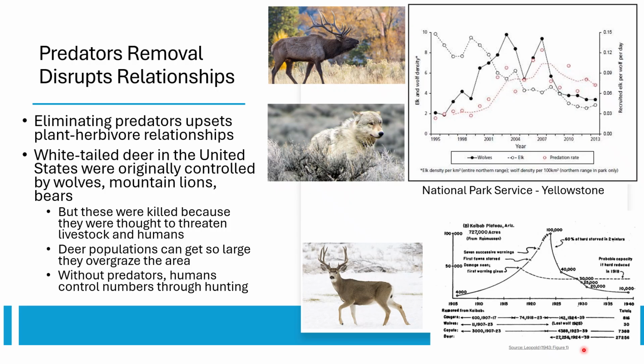And then in the Kaibab Plateau, again, we observed the same phenomenon as the one we described on St. Matthew Island. You had an overshoot, so the population of deer quickly expanded. We had signs very early on that the deer were suffering. We could see that some fawns were starting to starve or were underweight and so on. And then by 1925, the population of deer drastically decreased.